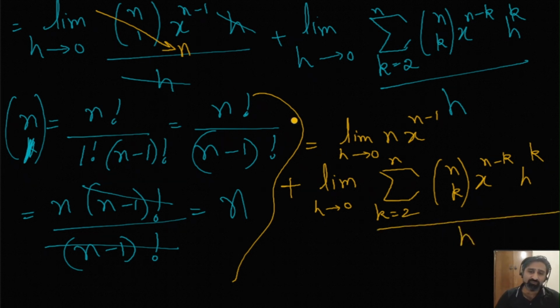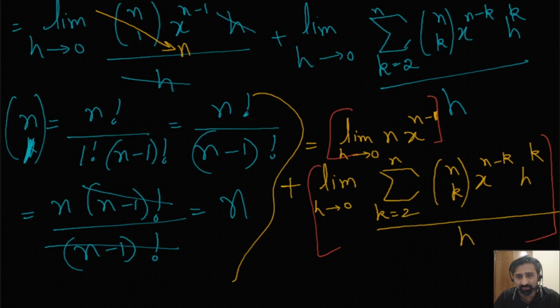Now we can apply the limit in the first term, no problem, because there is no h. This is my first term, this is my second term. I can directly apply my limit in the first term because there is no problem; no h there, so applying it causes no trouble.